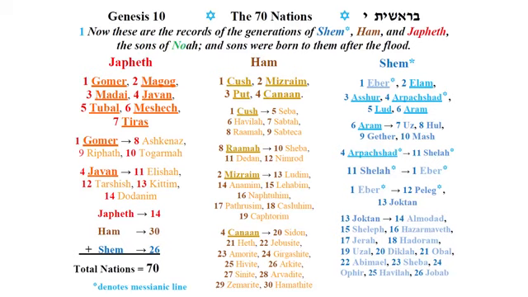Magog is part of Russia, the Caucasus maybe. Okay, that area. What's another one here? And if you go under Shem, these are the ones that lead to Abraham. These are the original 70 nations. We're going to talk about this a little bit later in this talk.